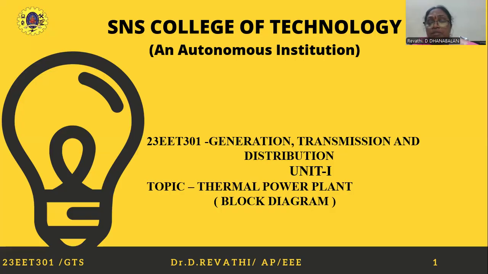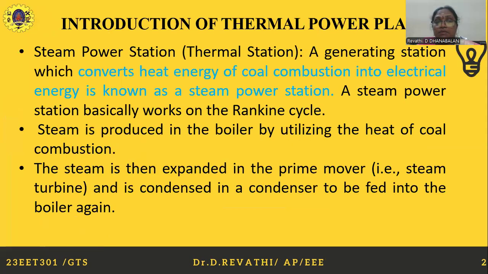Before discussing the block diagram of a thermal power plant, we are going to discuss power plant generation: what areas we have, and how much power they generate. A thermal station, which converts the heat energy of coal combustion into electrical energy, is known as a steam power station or thermal power station, and it works on the Rankine cycle.